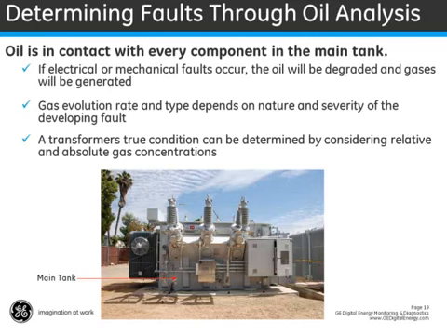Industry bodies and standards organizations began to develop their own interpretation schemes. That situation has developed further since then. Today, there are multiple intelligent software platforms capable of sophisticated analytics on dissolved gas analysis.